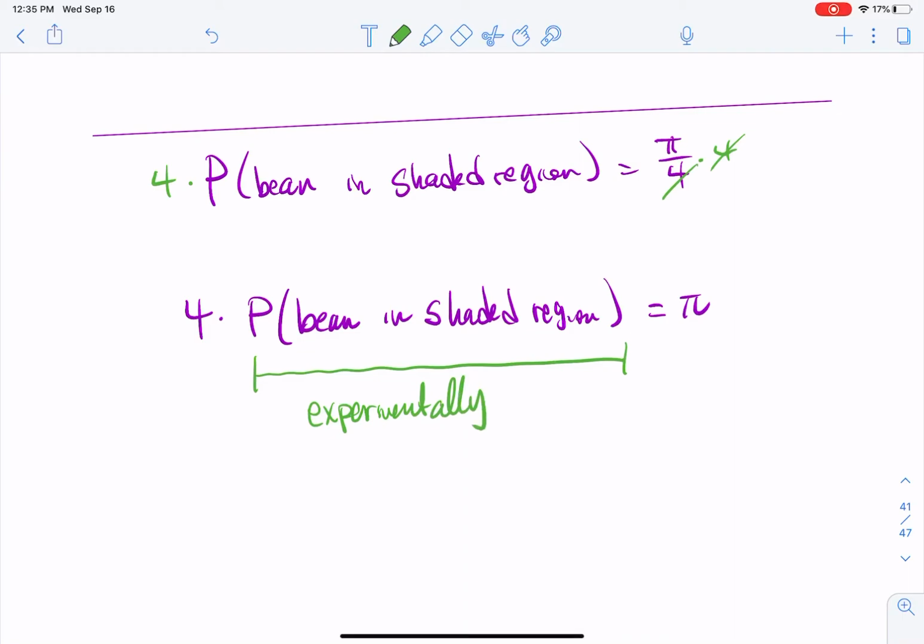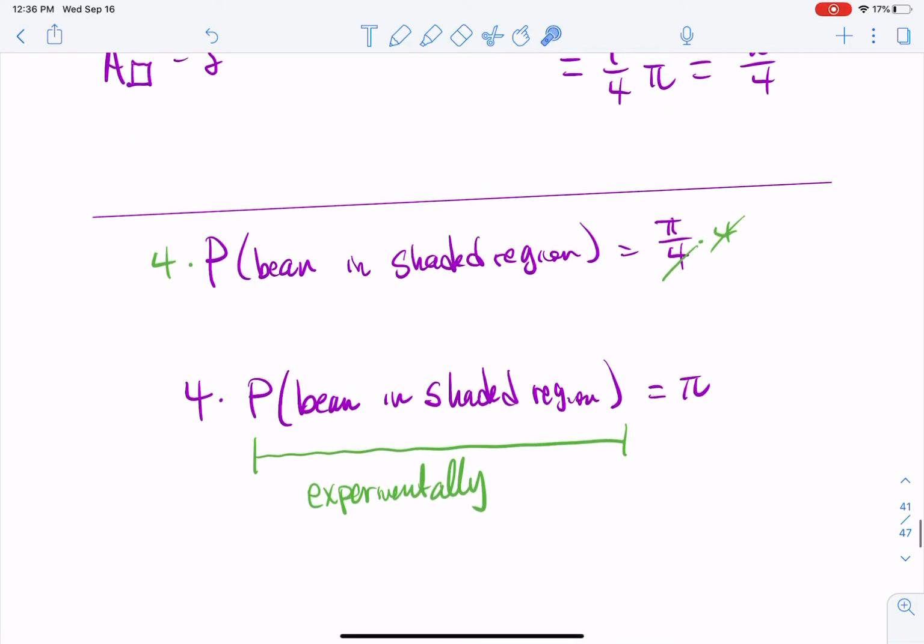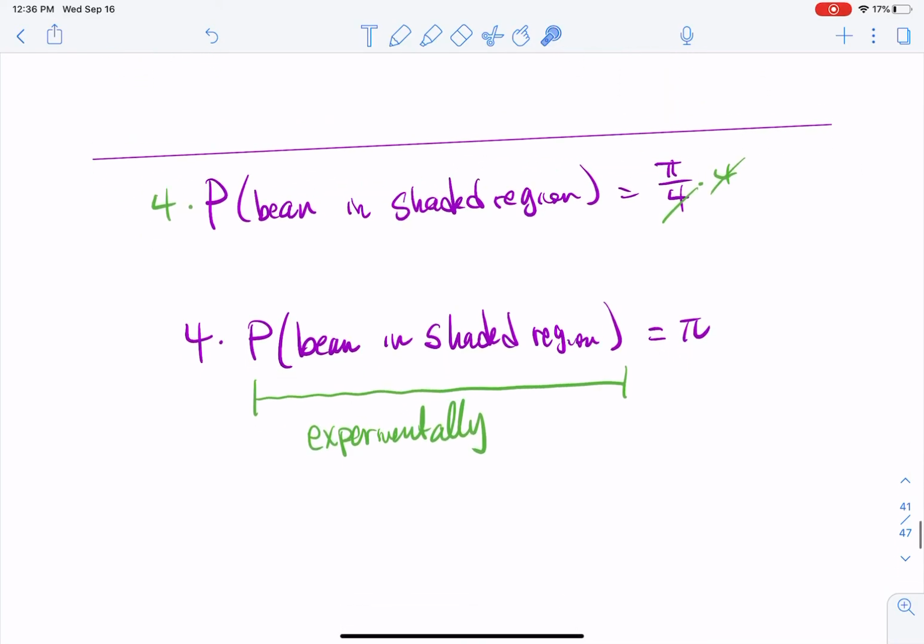And remember, when we're talking about experimental probability, when we started out in our number of trials, like rolling a die or flipping a coin, it doesn't exactly match up with the theoretical probability. So ours is not going to completely match up with this value, actually pi over 4, until we start doing more and more trials. And the more that we do, the closer and closer we should get to pi over 4.